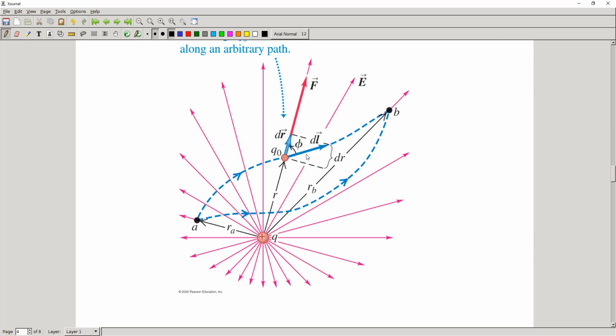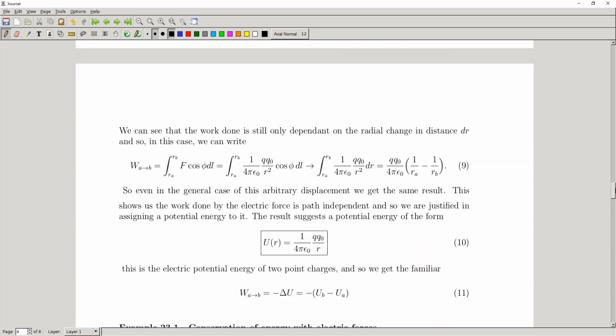If this is our hypotenuse, we take the cosine of phi, and we end up with dr back. But that's great, because that means that we can simplify this to just dr, right? And that's exactly what we just did before. We ended up doing this integral, and we found this result here.